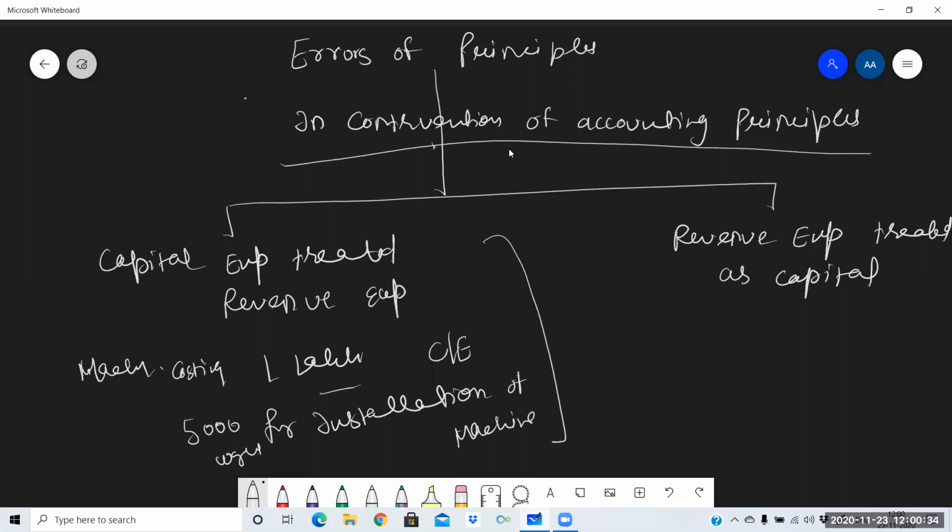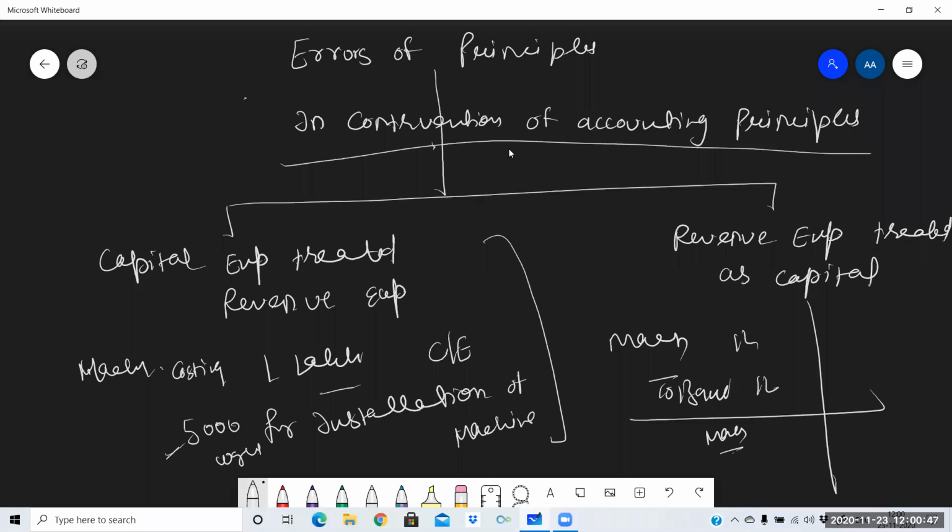But by mistake, when we purchased the machine, this entry will be passed: Machinery to bank, 1 lakh. When we paid the installation wages, again this entry will be passed: Machinery to bank, 5,000. But suppose one accountant is inexperienced and not having the knowledge about this.